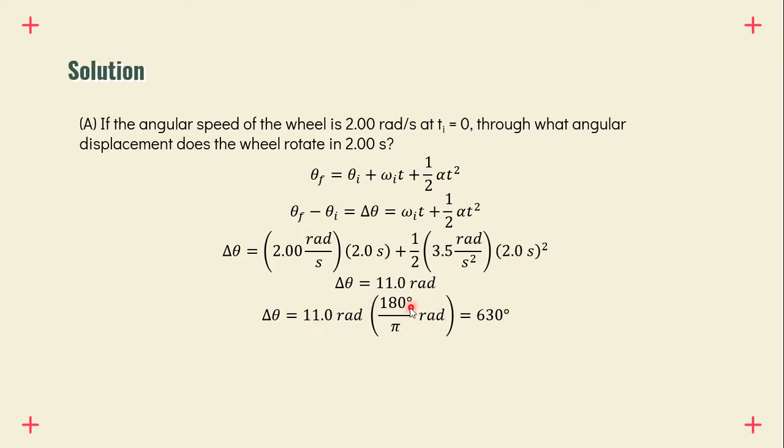So 180 degrees is equal to pi rad. Calculating that, we get 630 degrees. So the angular displacement is 630 degrees or 11 radians. But the more proper solution is in terms of radians.